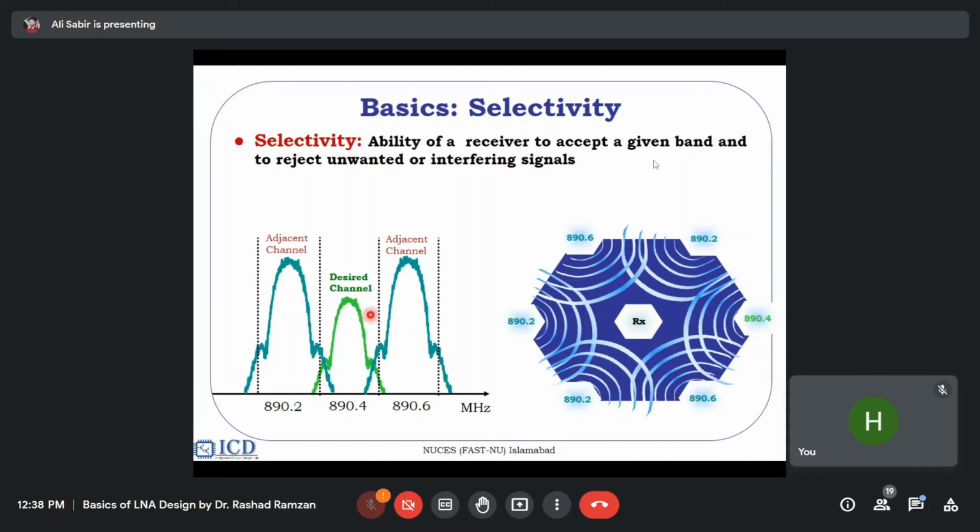Our desired band is the green one in the middle, and the adjacent channels are where your friends are transmitting. If I am making a call on any of the radio standards, then I am transmitting in a certain channel, and my neighboring channels are used by some other people. So selectivity is the receiver's ability to reject the neighboring band and listen to the desired band.